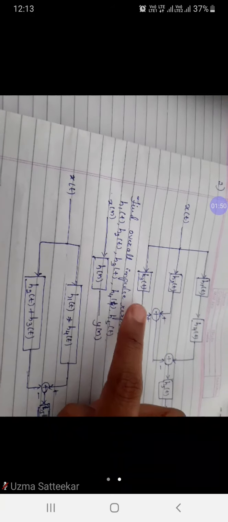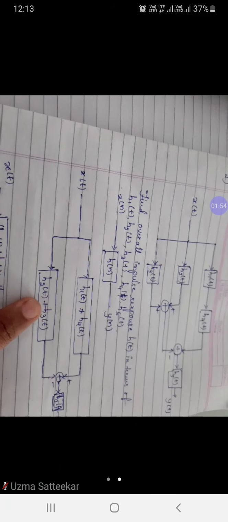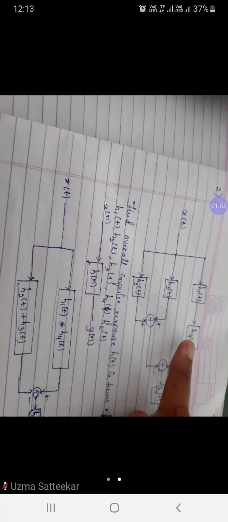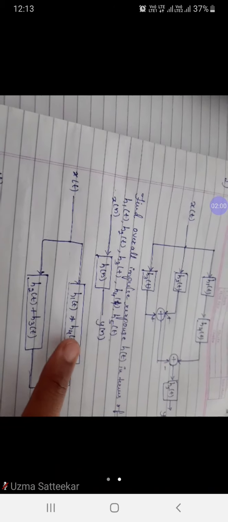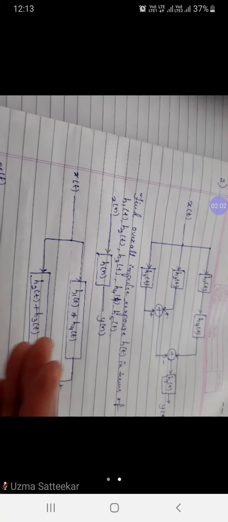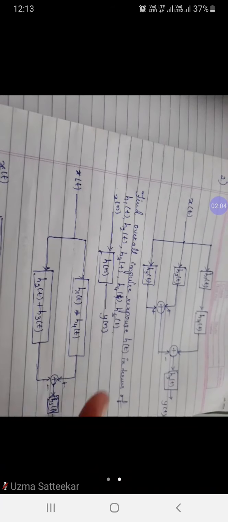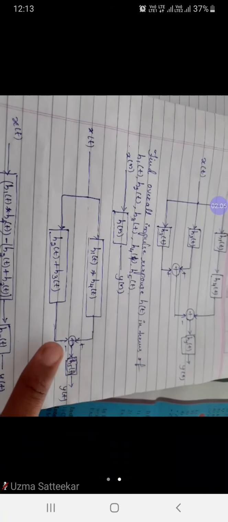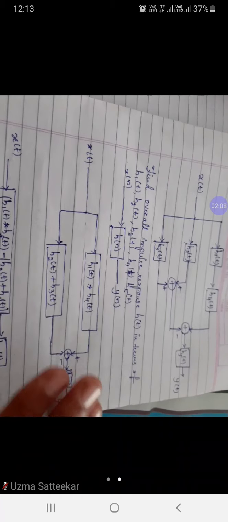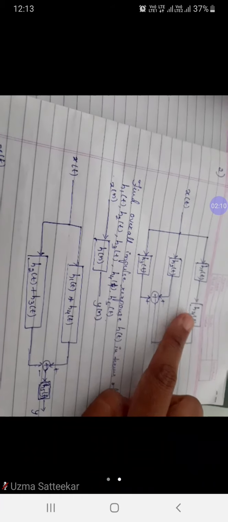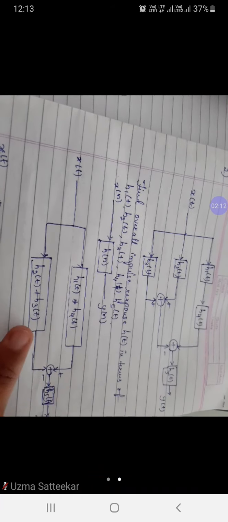Hence, whenever a parallel connection is encountered, we need to simply add them. So H2 plus H3. So I have done the series and parallel reduction in one single step. You can go for one more diagram and reduce it separately. Then the remaining part of the diagram as it is. So here one series and one parallel is reduced.